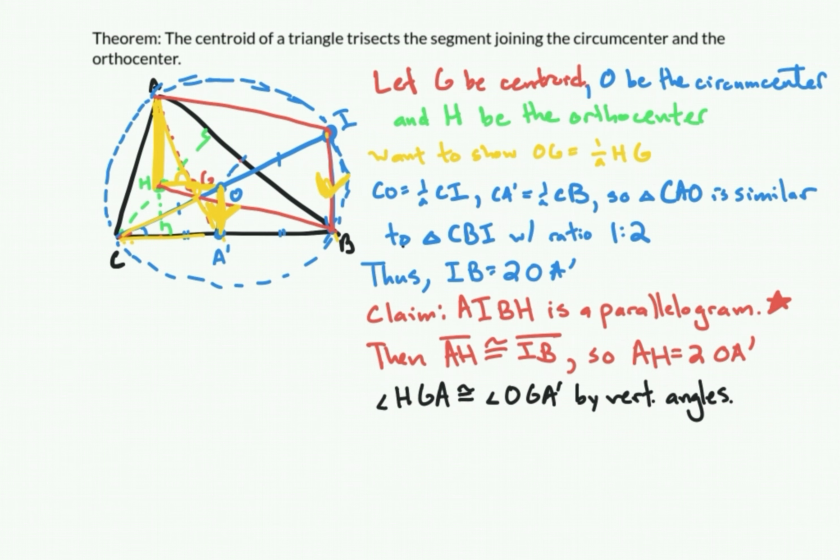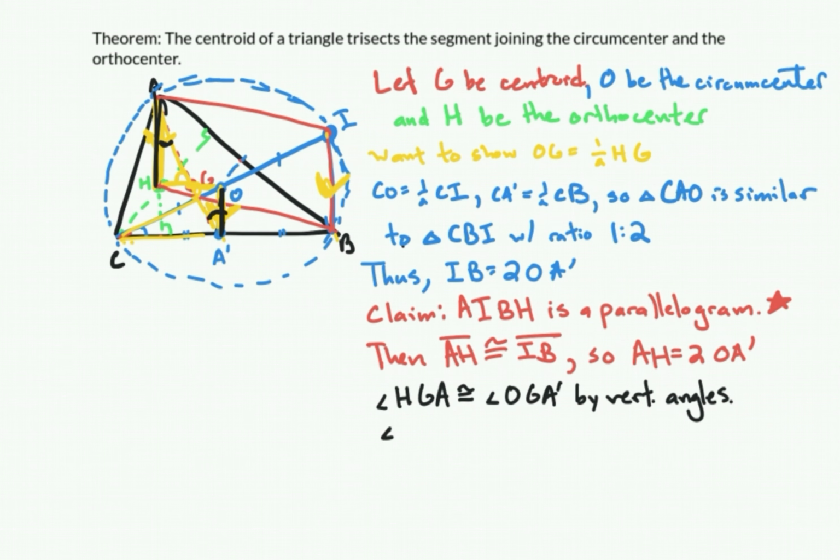And since BI is in a parallelogram with AH, it must also be parallel to AH. So we have two parallel lines right here, and therefore alternate interior angles gives me that these angles match up.